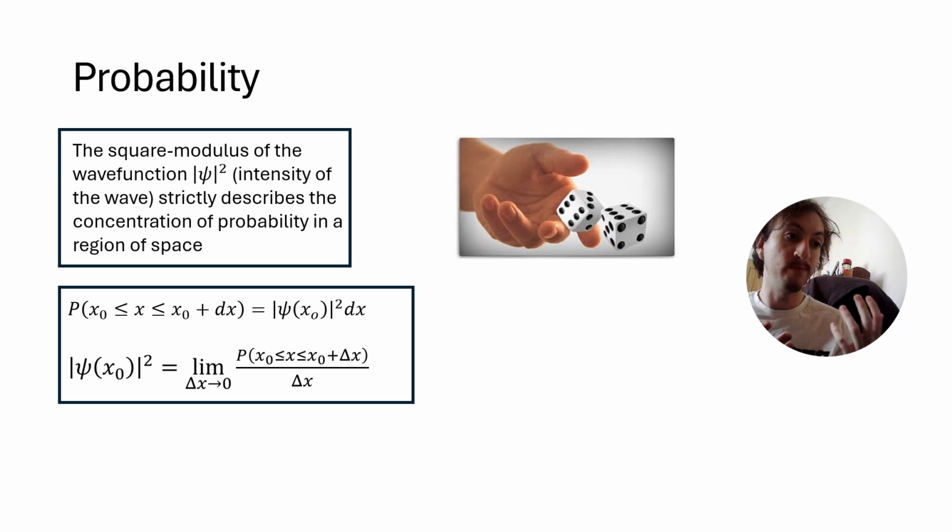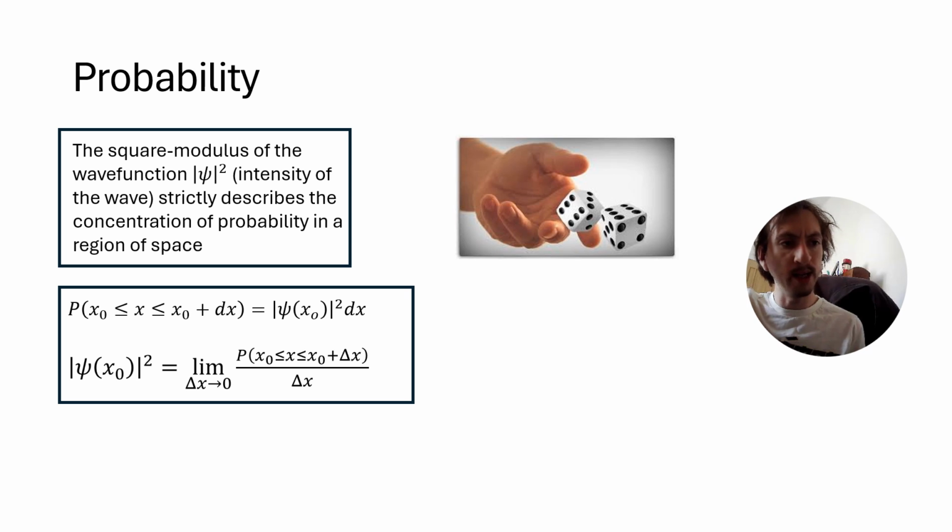So the magnitude of the wave function squared is a measure of how concentrated the probability is. Essentially, if the magnitude is higher, you are more likely to find the particle at a particular point in space, and if the magnitude of the wave function squared is lower, you're less likely to find it there. That's the idea, really.